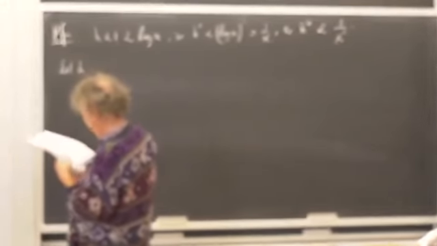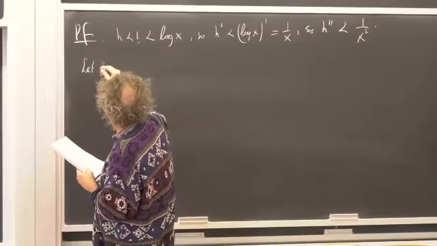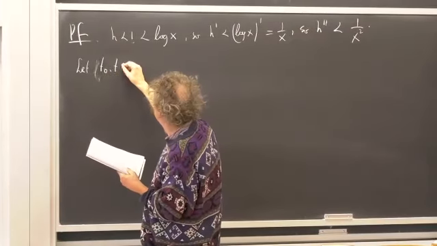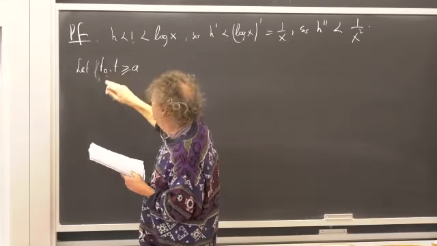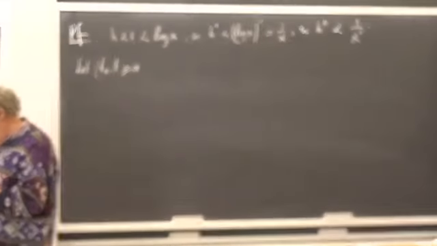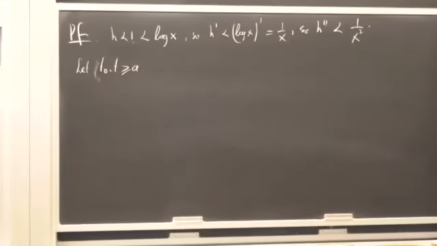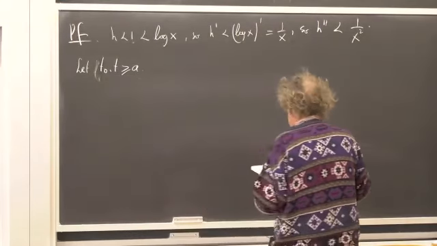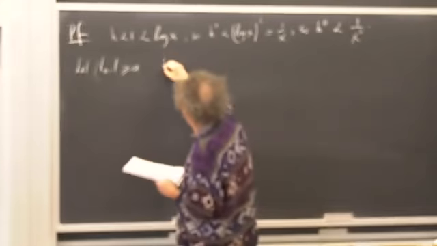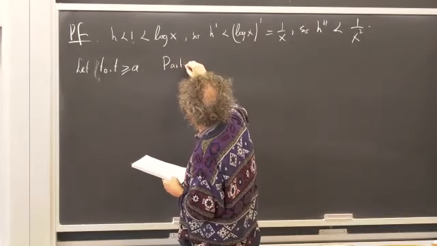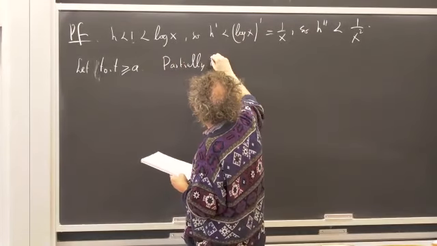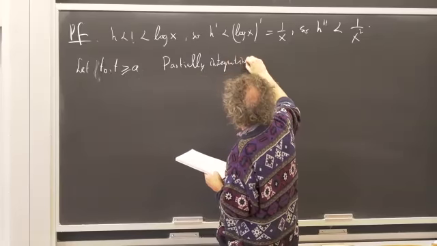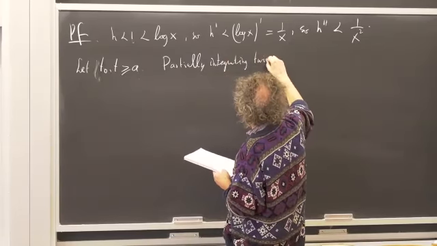Let's fix two numbers t0 and t greater than or equal to a. Think of t0 as fixed and t as variable. And then we integrate partially, integrating twice.